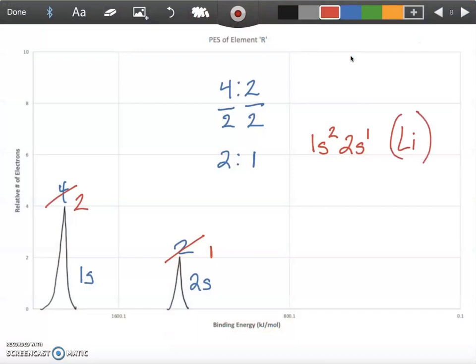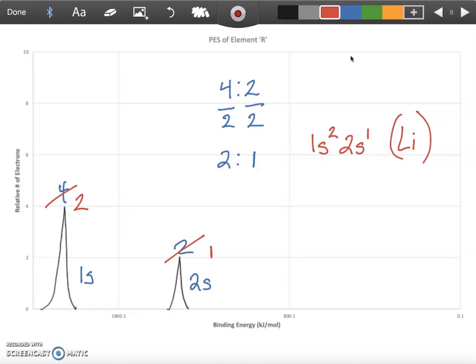Okay. And so there's the gist of interpreting a spectrograph in which the peaks are not to scale. The AP exam has been known to do this to students, so make sure that you do know how to interpret one that isn't to scale.